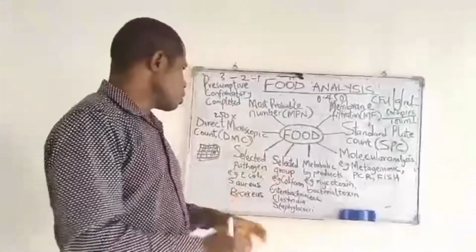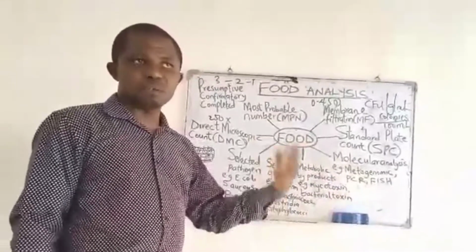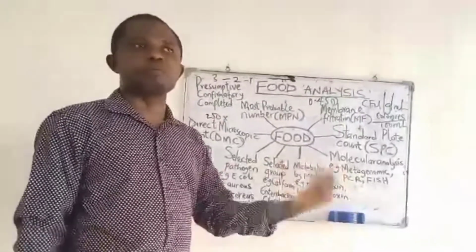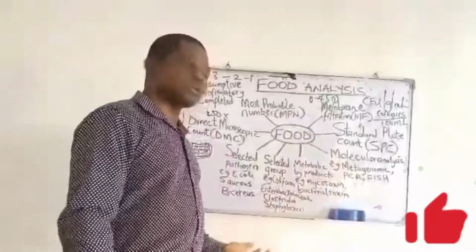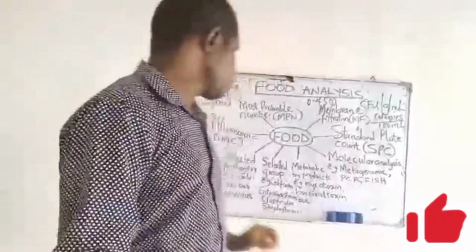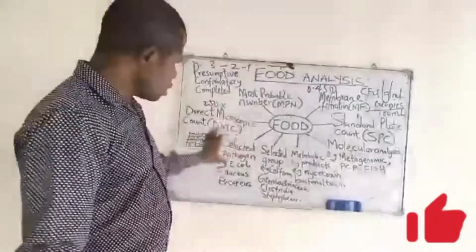That will give you the cells per mil, not per gram, because this is purely for liquid samples. So this is how this DMC is carried out.